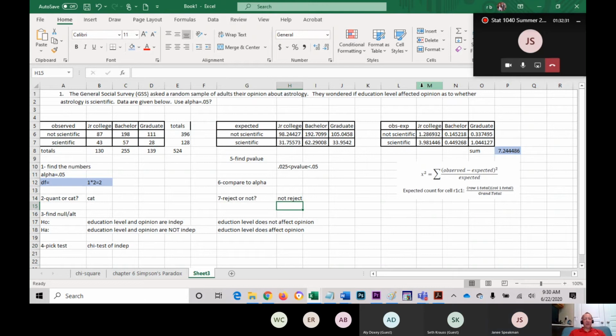So, do you remember the phrase that pays? Oh, is it there is significant evidence? No, I don't remember. Who remembers? If the p-value is low, reject the H-naught. Is my p-value low, Janie? Yes.